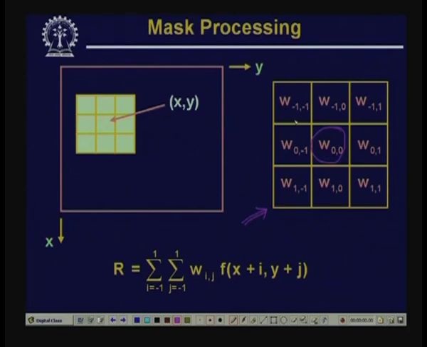In this mask processing operation, you shift this mask over the entire image to calculate some weighted sum of pixels at a particular location.